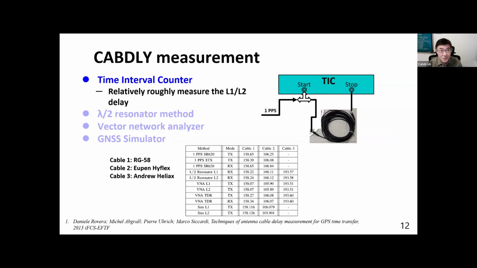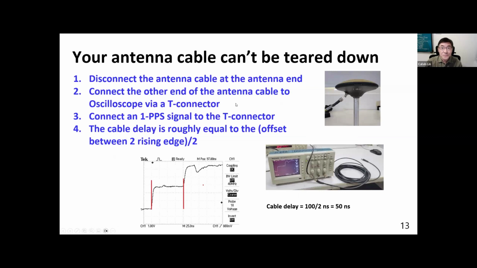We all know the signal propagating in your antenna cable is L1 and L2, but Daniel already published a paper. It is roughly equal to the real propagation delay. So the time interval counter method is roughly okay for the cable delay measurement.